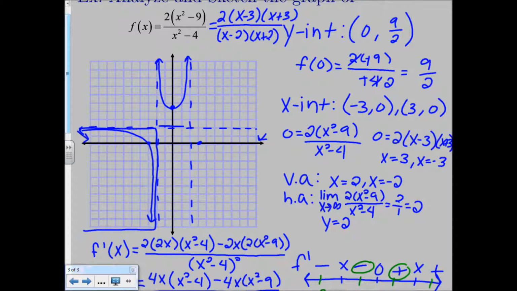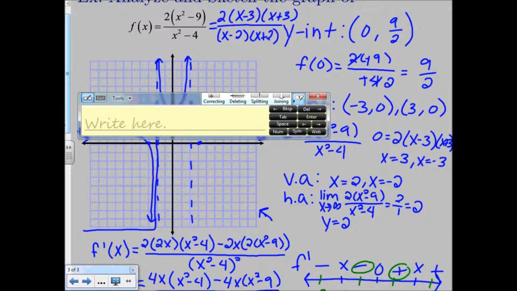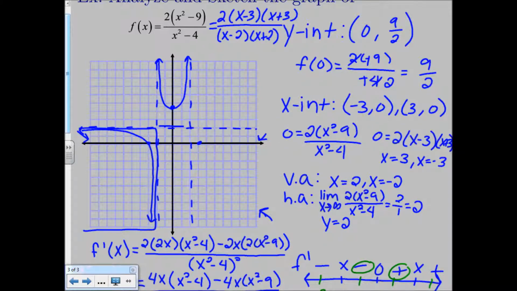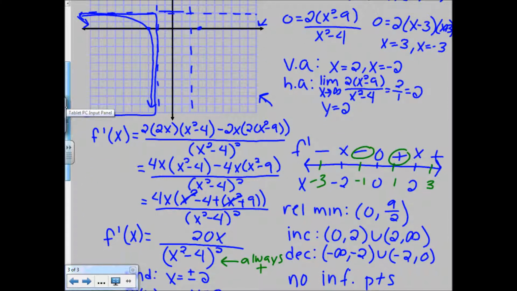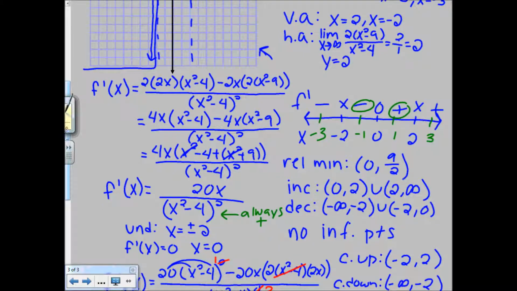And now all we have to do is this last interval over here, from +2 to +infinity, which we found out that we were increasing, but we are concave down.